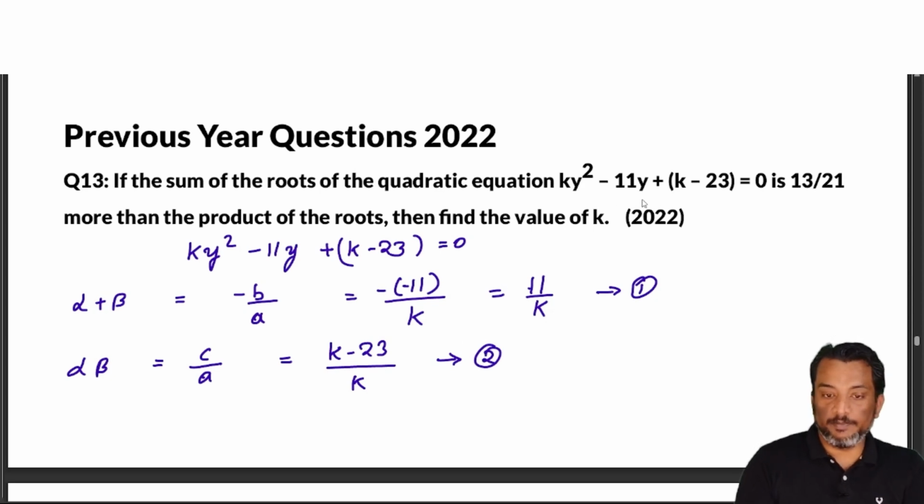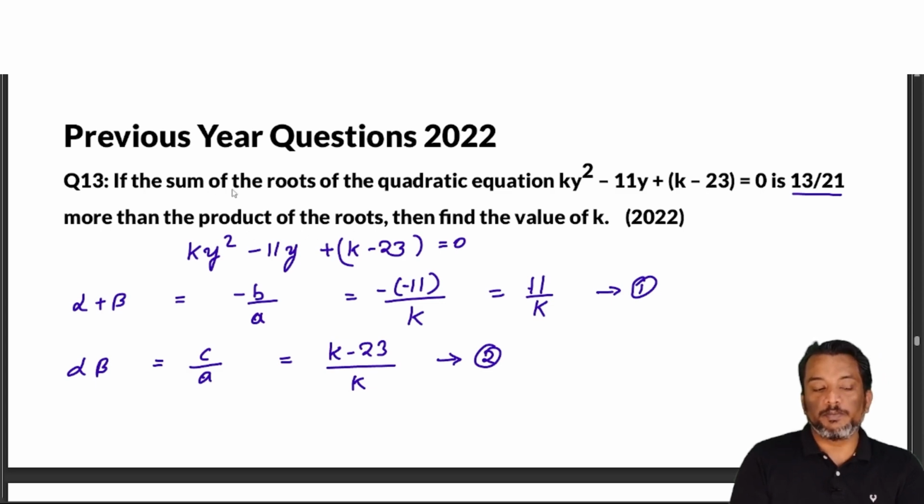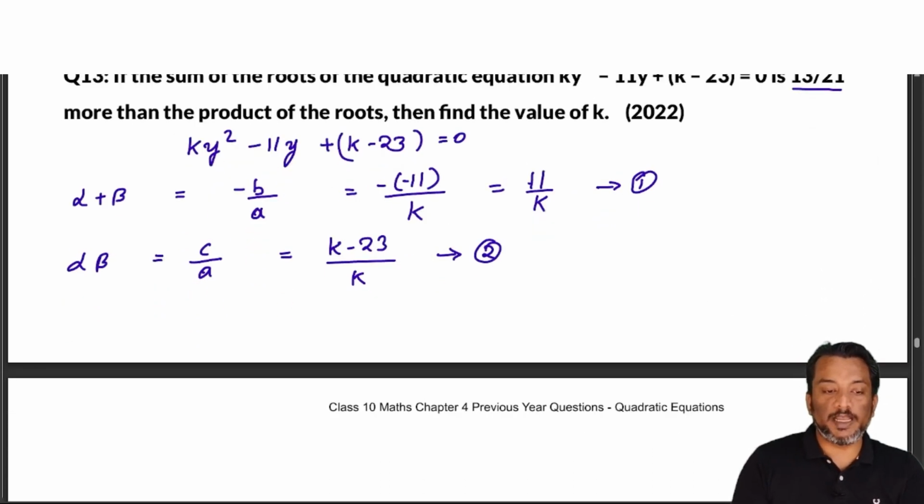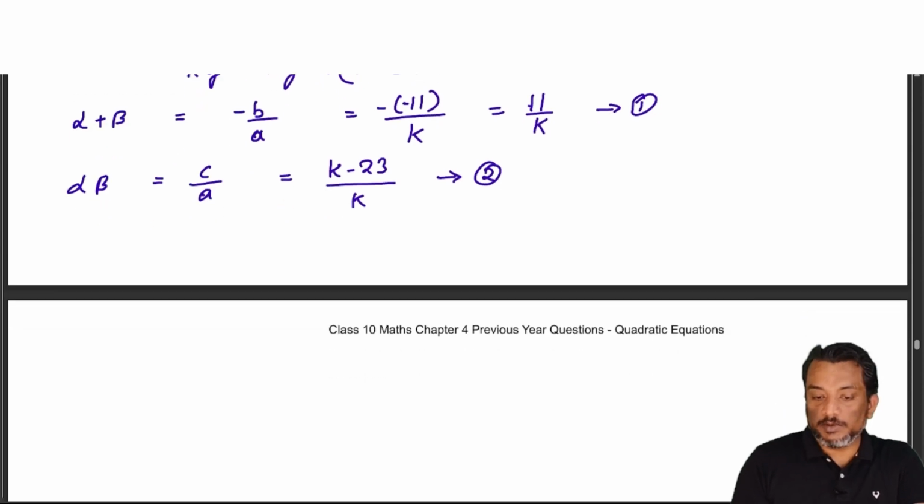Now it is saying that the sum of the roots is 13 over 21 more than the product of roots. So here you will get the product of roots and the sum of the roots.